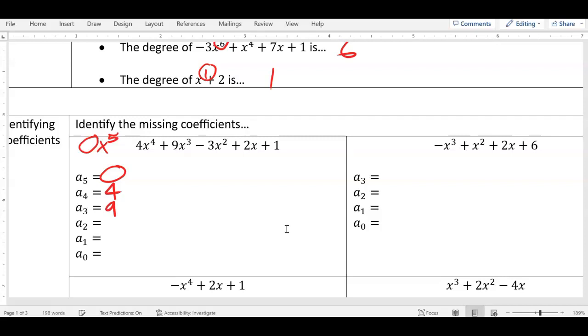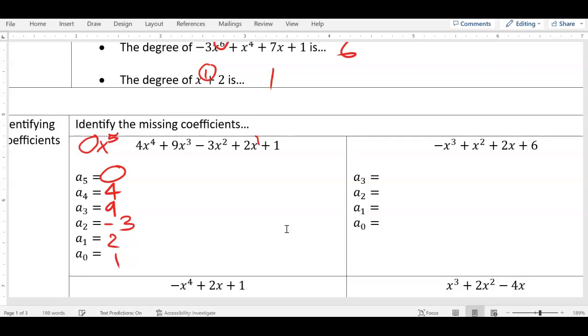What do you think? What's a sub 2? Negative 3. Please don't forget the sign. So negative 3. What about a sub 1? Remember, a sub 1 is the x. So yeah, 2. And then a sub 0 is the number by itself, the constant, which is 1.